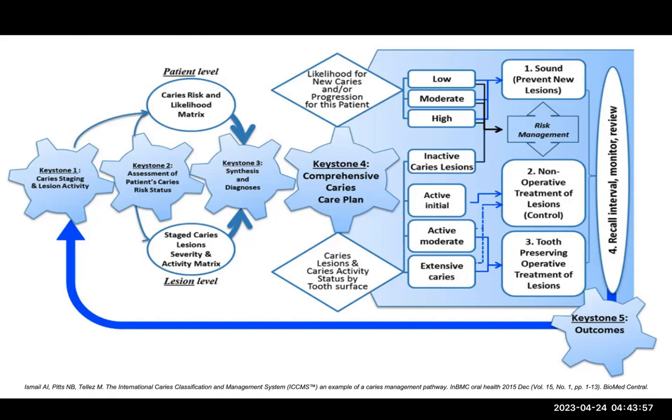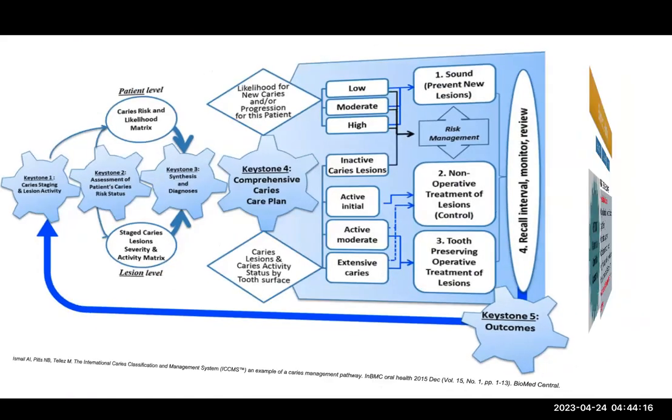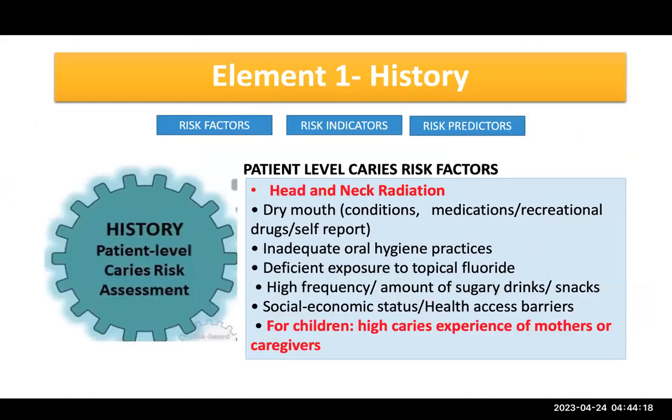And then you have a recall interval, and that is comprehensively planned for the overall outcomes. But at this particular stage, as you see, the arrows are pointing again back to Keystone 1. It means that it is a continuous process. It has to be taken care of frequently at every appointment.